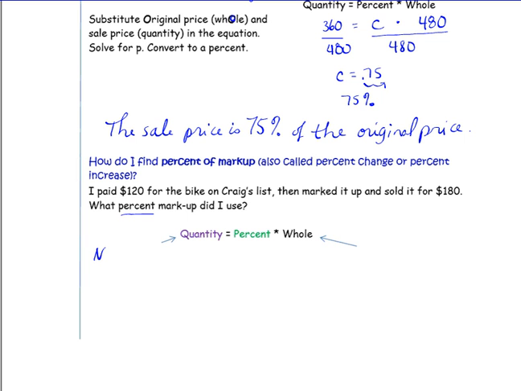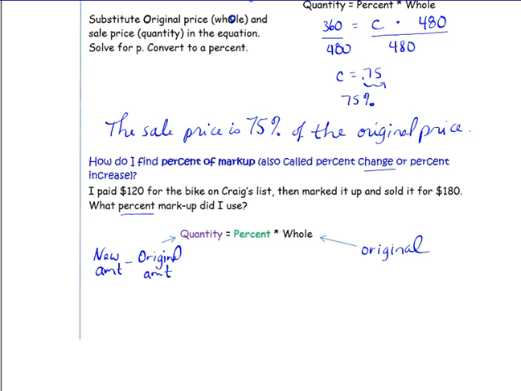So your quantity, which is your increase, is the new amount minus the original amount. And the reason that you need to subtract that is because you are looking for the markup, which is a change or a difference. Then the whole is the original amount.